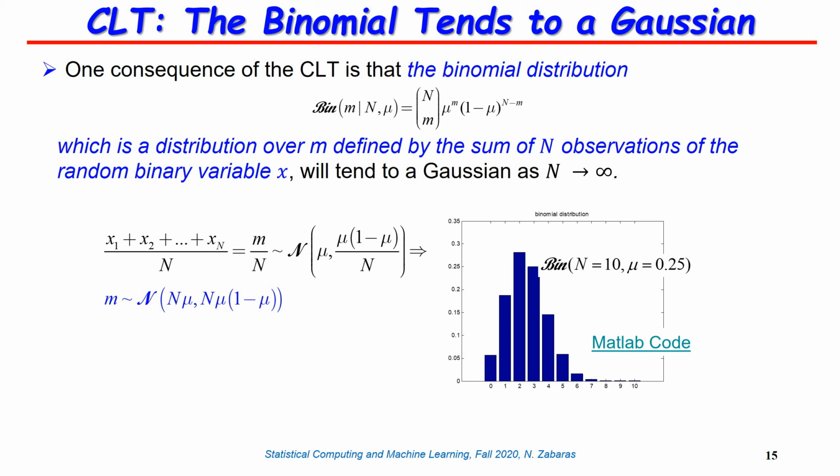So now you're learning that the central limit theorem basically tells us that the binomial distribution, as n goes to infinity, is actually very close to a Gaussian distribution. And you do see here a binomial distribution with mu equal 0.25, and you can see for n equal to 10, this binomial distribution looks very close to a Gaussian distribution. Again, where is that coming from? It comes from the central limit theorem.